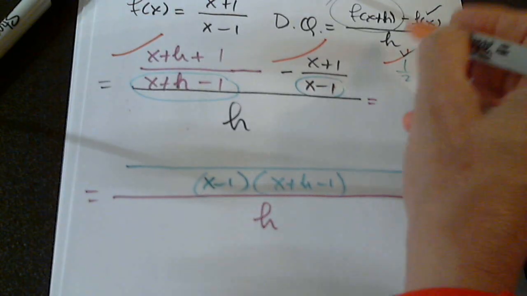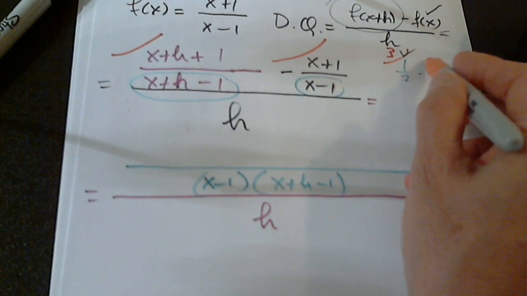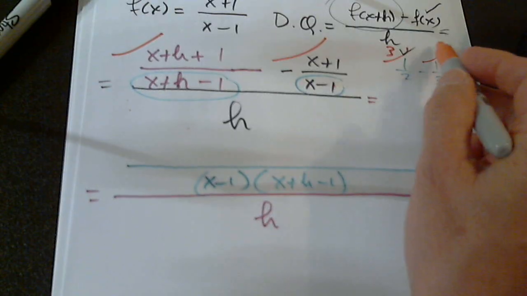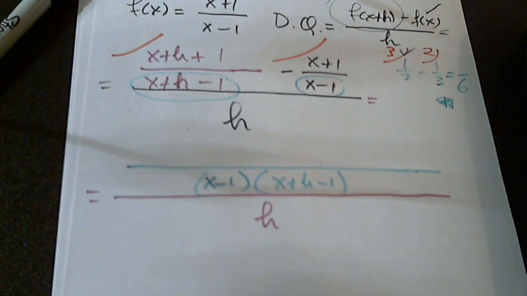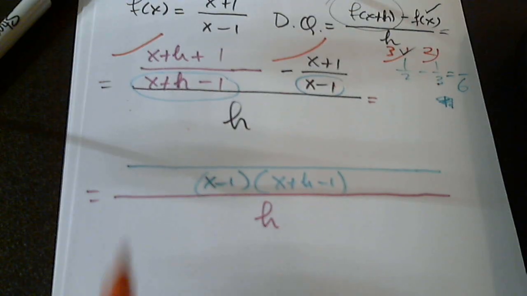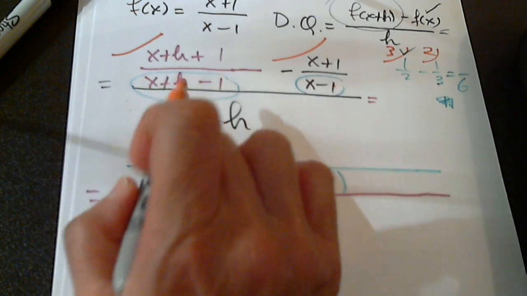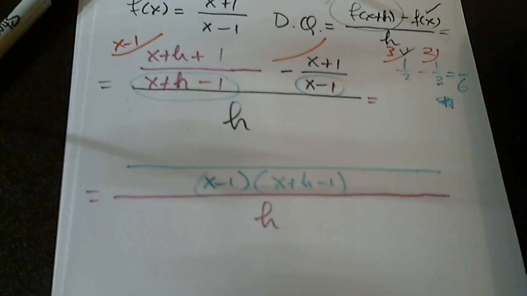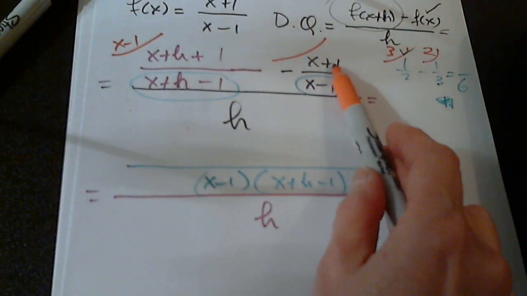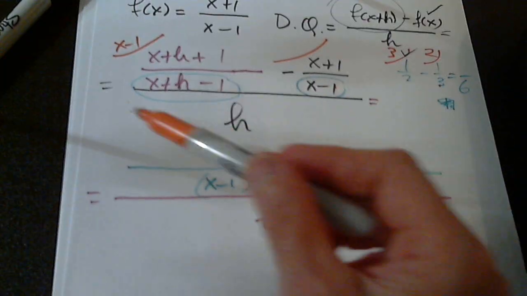Times 3. Good. What did you multiply 3 by to get 6? 2. Same procedure, exactly the same. What do I multiply the top by? X minus 1. Exactly, same thing. What do I multiply the top of this fraction by? X plus h minus 1. That's it.